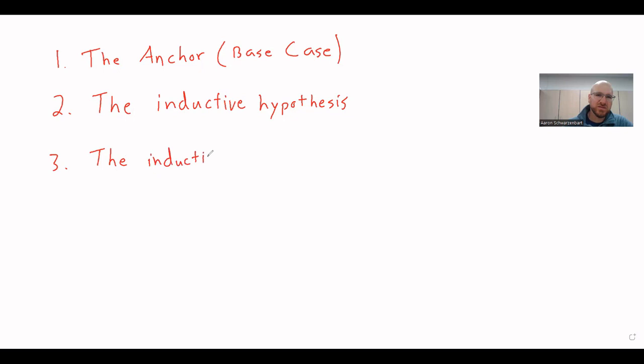And this works with all sequences. Okay, let me explain why. If you prove the first case is true, you can assume that the first case is true. You will always use the inductive hypothesis in the inductive step. If you prove the first case is true and you prove the next one is true, well, the next one from the first one is the second.